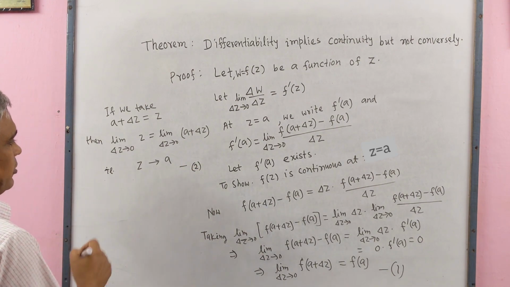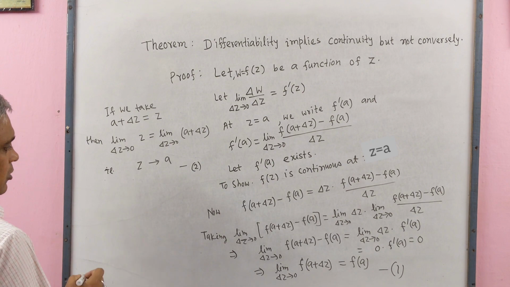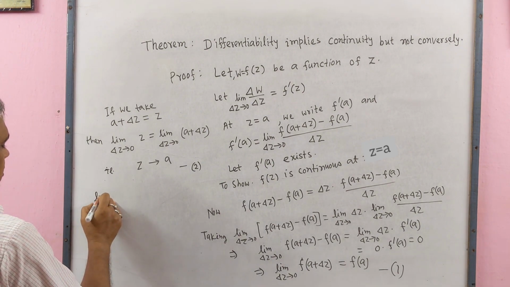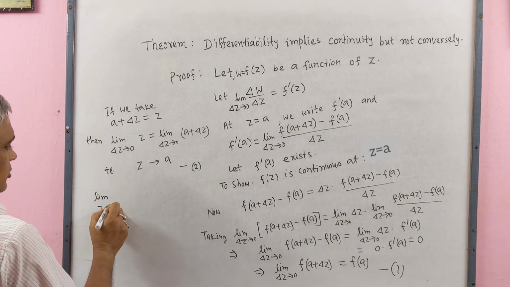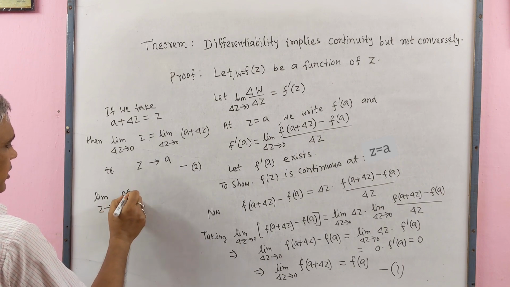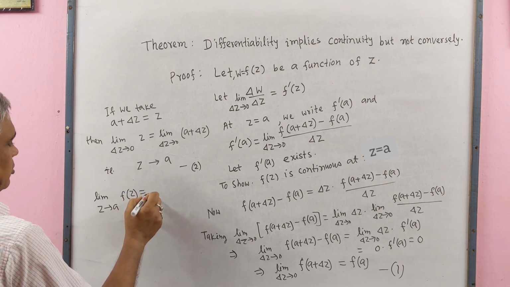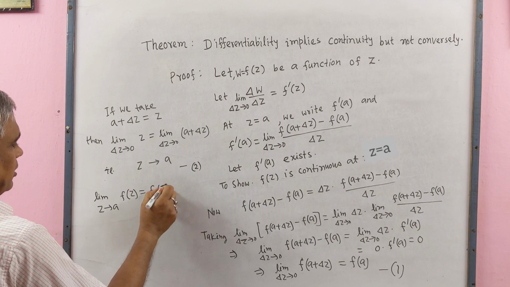Therefore, using these two in one, we get limit Z tends to A of f(z) equal to f(a).